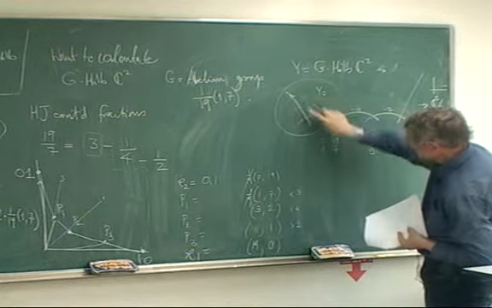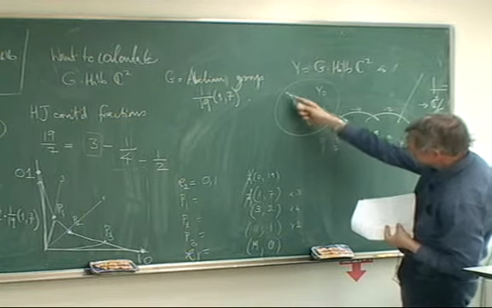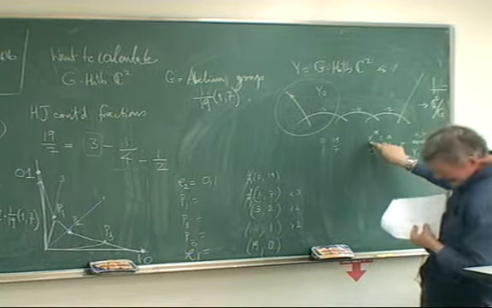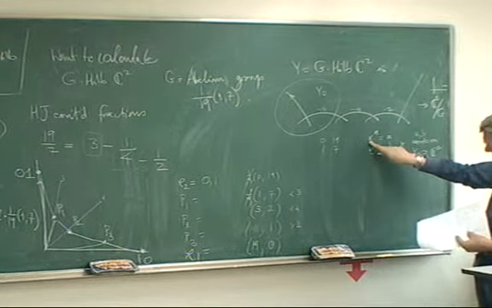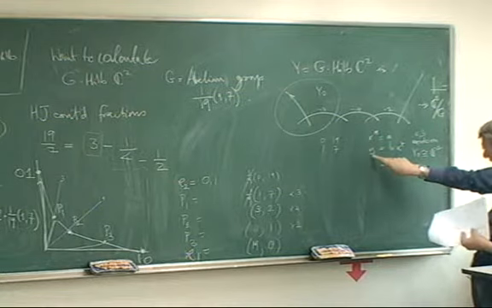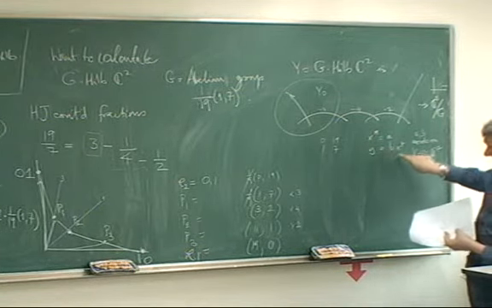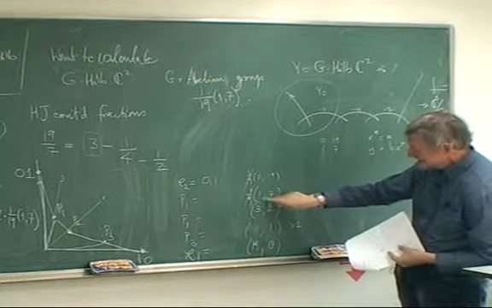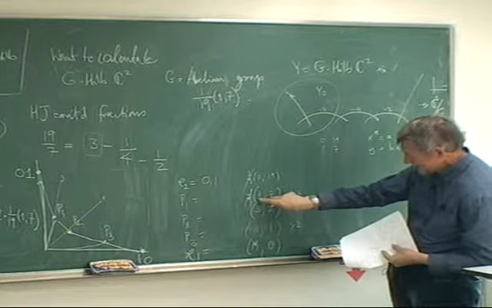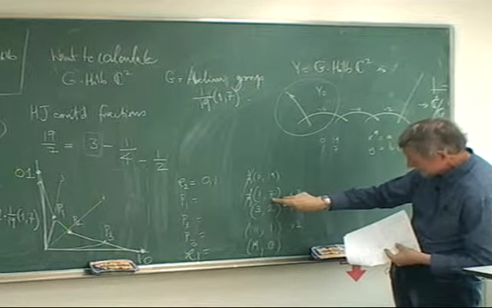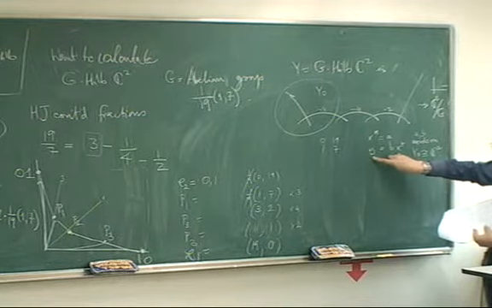This is the thing that remains of the x-axis after dividing out by the group action, and it's parametrized by x, except that x is not invariant, so I have to take x to the 19th. Right? This ratio y to x to the 7, y and x to the 7 belong to the same eigenvalue of the group action. Right? The group acts on x by epsilon, and it acts on y by epsilon to the 7th. So therefore this ratio here is invariant.